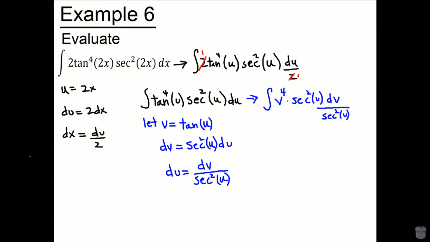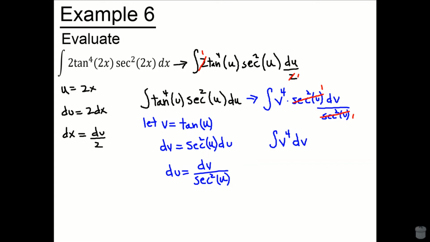See what I mean by when we solve for the dx or the other one, in this case the du, the secant squared of u and secant squared of u reduce each other to 1. So now this simplifies as the integral of v to the fourth power dv.